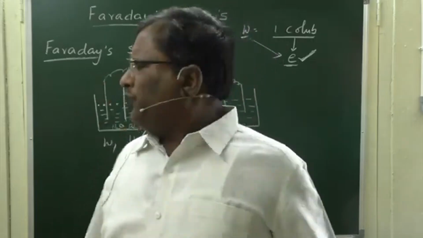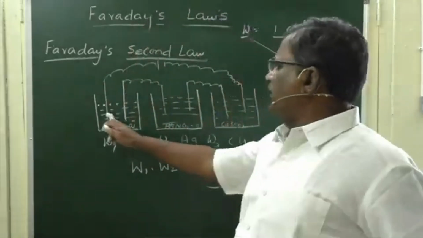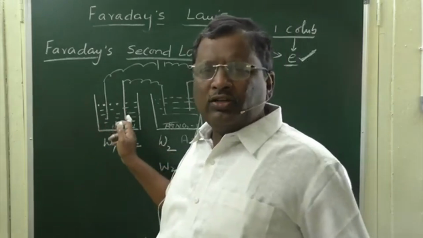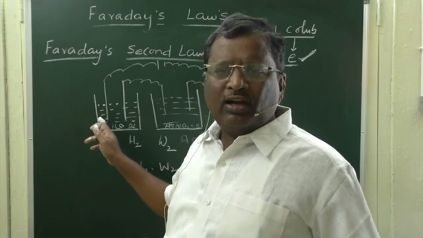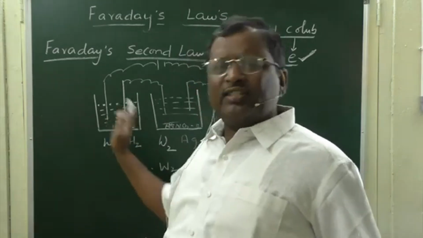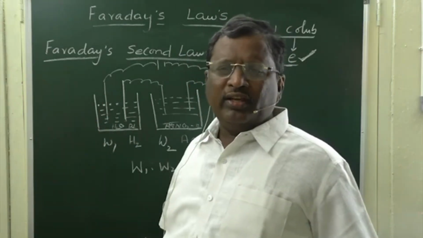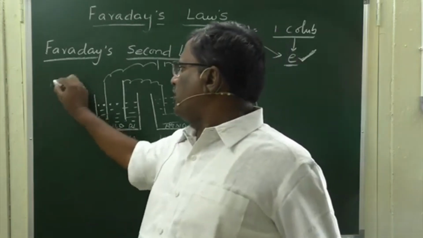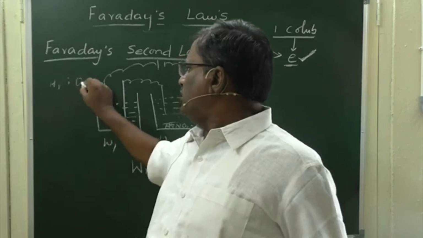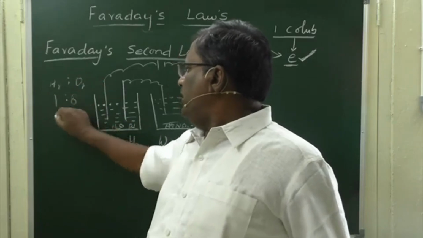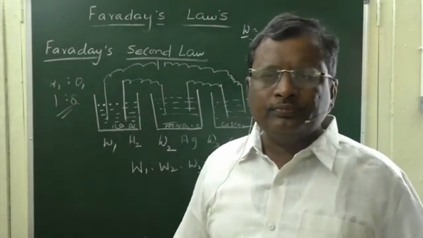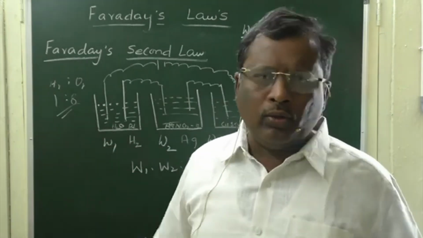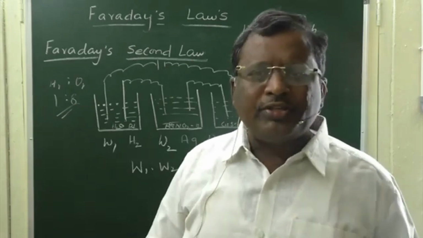For example, if you electrolyze acidulated water, at the cathode you will liberate hydrogen, and at the anode you will get oxygen, and those weights are also in the ratio of their equivalent weights. That is, the weight of hydrogen to the weight of oxygen will be 1:8. The ratio of the substances deposited at the cathode and anode will also be in the same ratio.